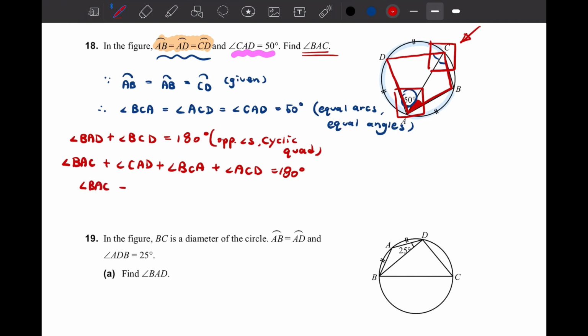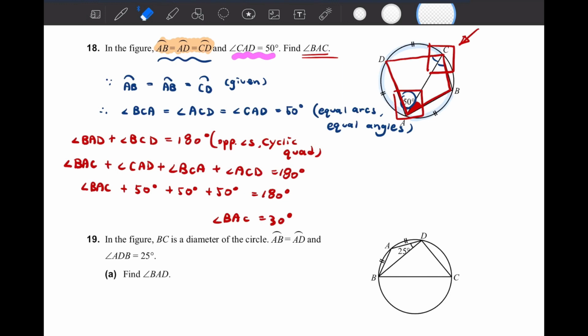The only unknown will be your BAC, because all three of the others are 50 degrees. So therefore your angle BAC equals 30 degrees. In this case, we used equal arcs, equal angles to help a little before you can use your opposite angles in cyclic quadrilaterals.